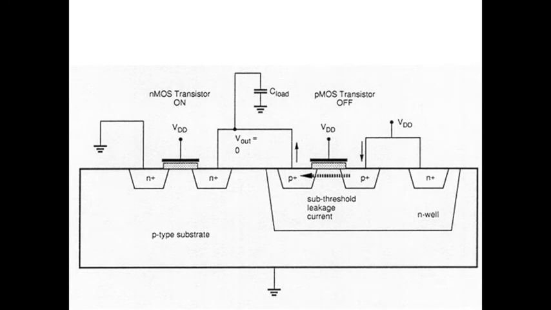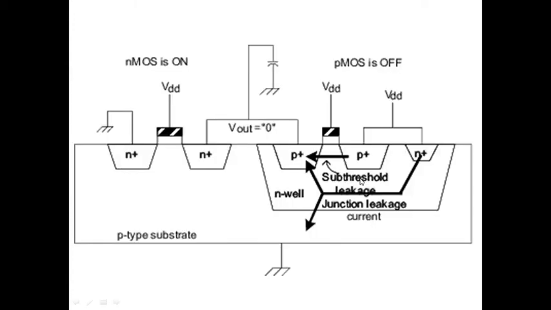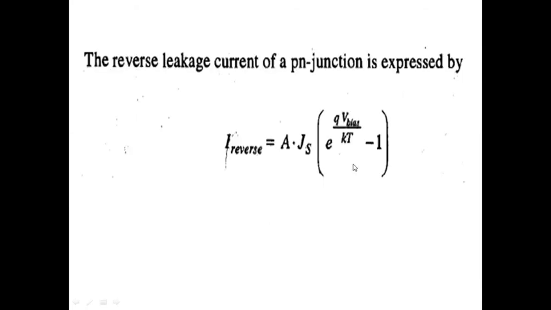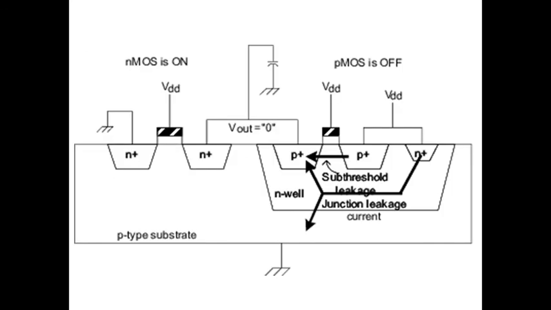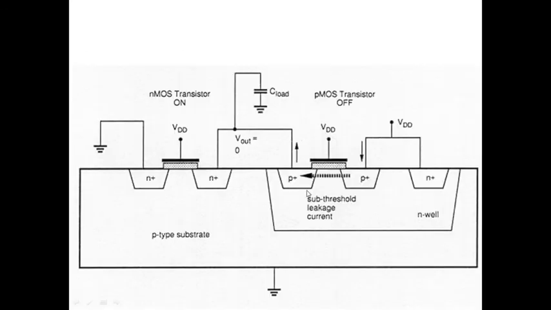So this slide shows you the subthreshold leakage current that flows from the source of PMOS to the drain of PMOS, and this is because of the subthreshold conduction current.